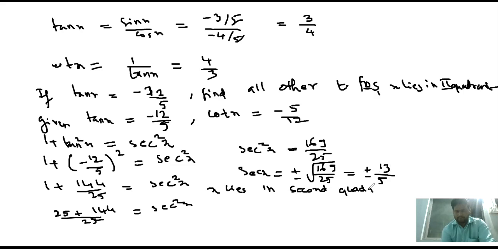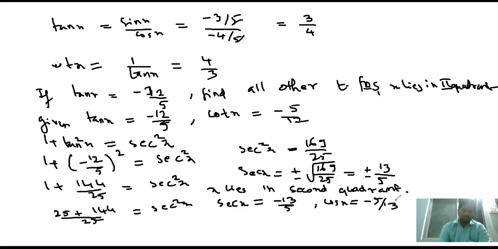Therefore, sec x is negative. So we write sec x is equal to minus 13 by 5. So sec x we have now minus 13 by 5. Then we can easily find cos x. Cos x is equal to minus 5 by 13.